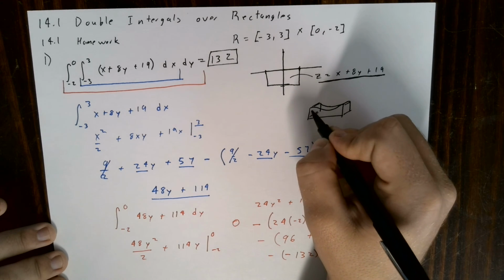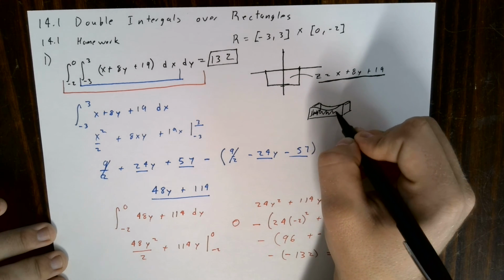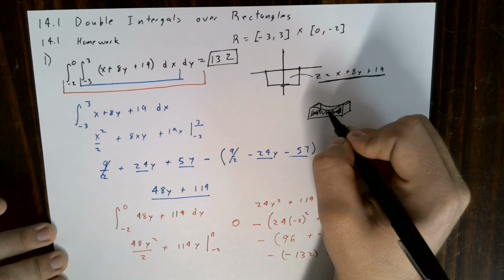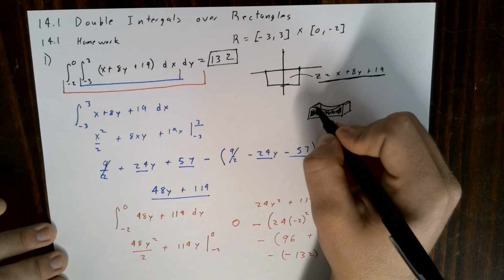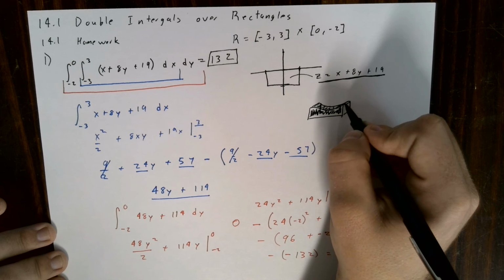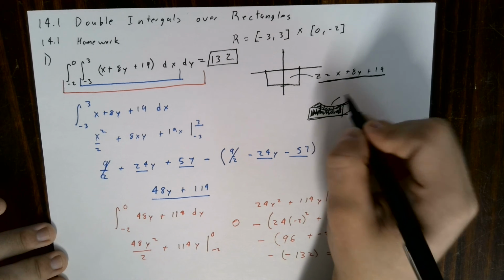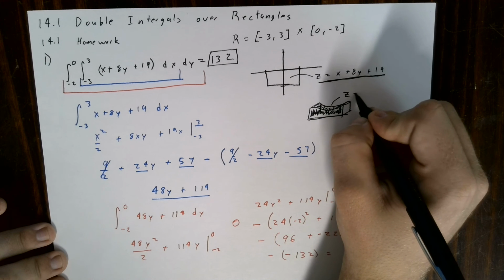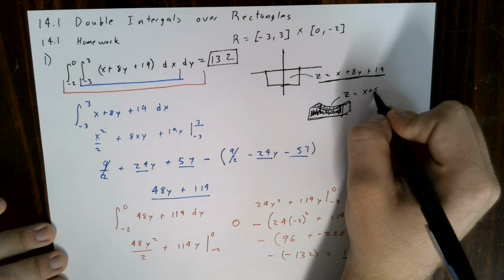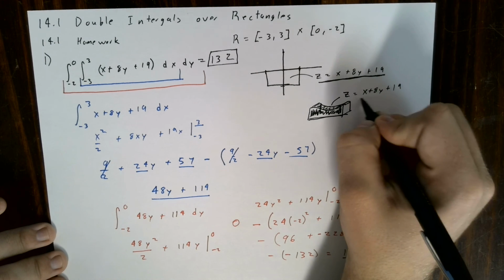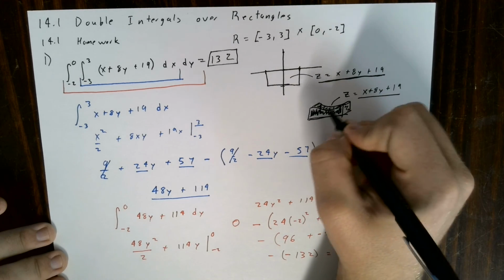So something kind of like that, and you're summing up this whole area right in here, which is basically the volume of the entire thing. So this is your rectangle base, this is your z function, and now you're able to actually sum up this entire thing.